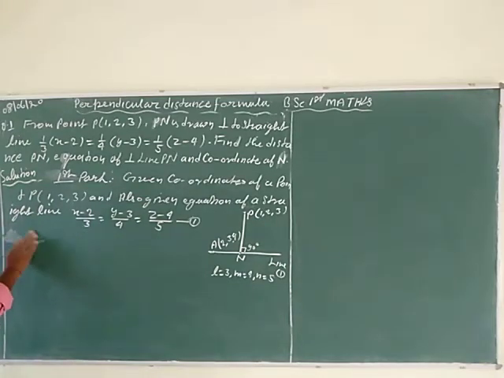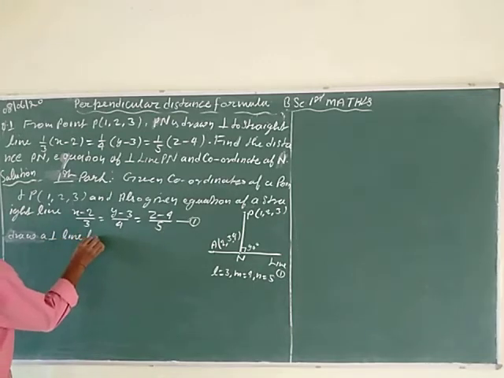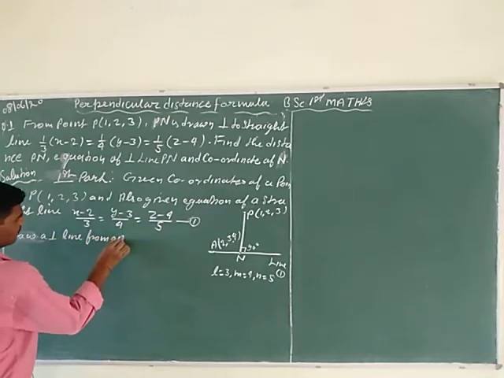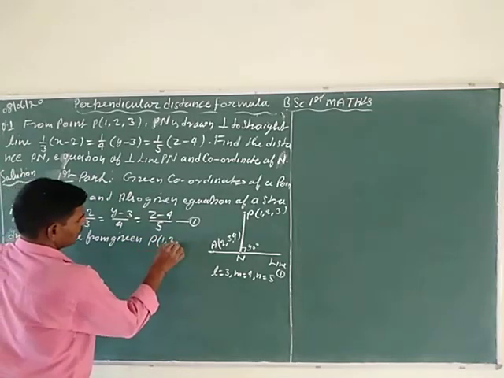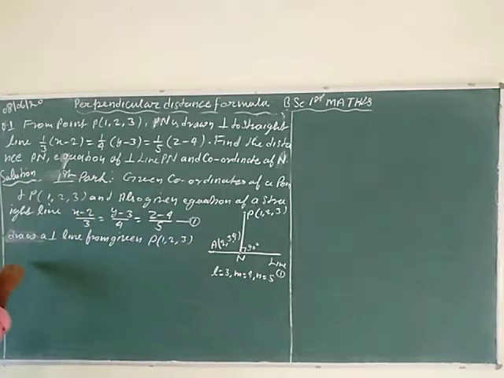So from the first equation, draw a perpendicular line from the given point P whose coordinates are 1, 2, 3 to the given line first.